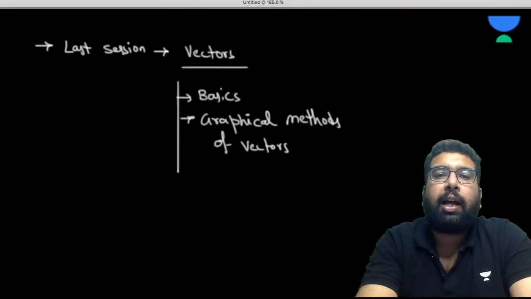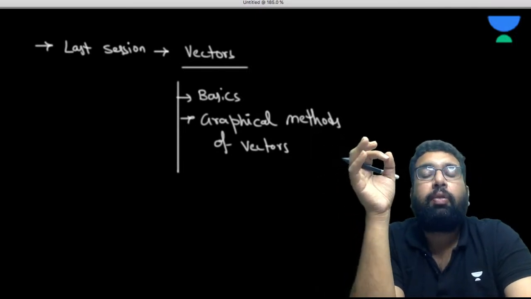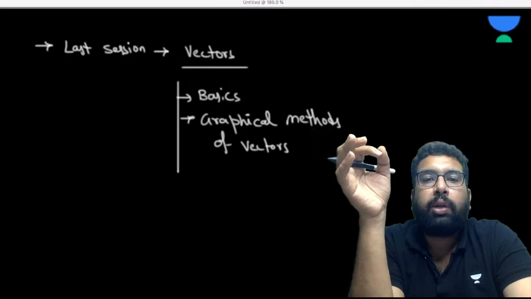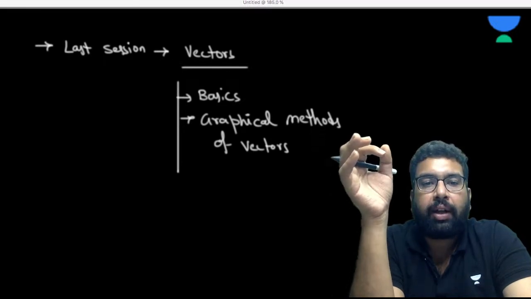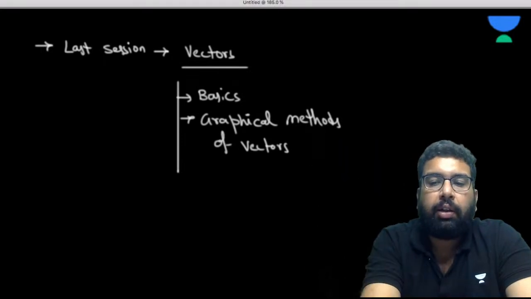In the last session, we spoke about the basics of vectors. We saw how we can approach any vector graphically. Now we will be continuing the concept through analytical means.